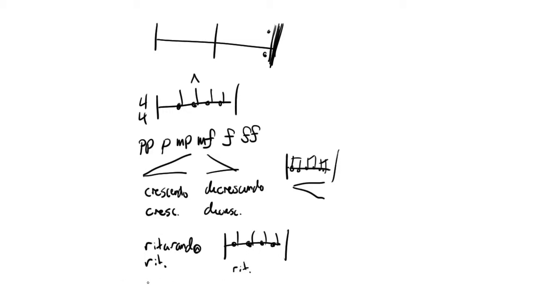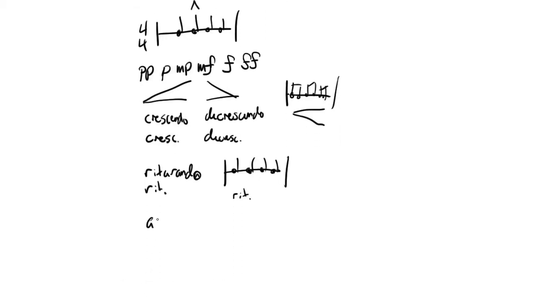There's also an accelerando, which is the opposite. It's speeding up over time, and it's abbreviated like so. If you had an eighth note measure like this, and you had an accelerando here, you had a little repeat bar too, so you can keep this up.